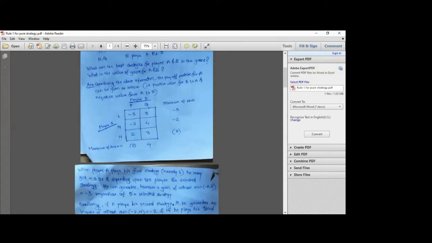So maximum among these values is how much? It is 2, and here I have written. So I have also written the heading here, maximum of column, that is 2. Similarly, maximum of this Q is what? It is 4, right?